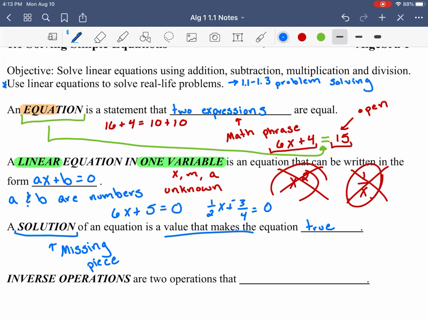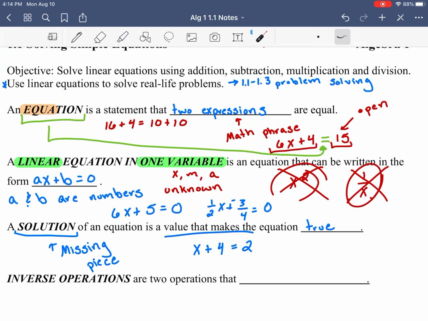So for example, let's start with a simpler one. x plus 4 equals 2. Okay, so this is linear because I could take this 2 and do some magic to it, move it to the other side. We'll talk about that in a minute.